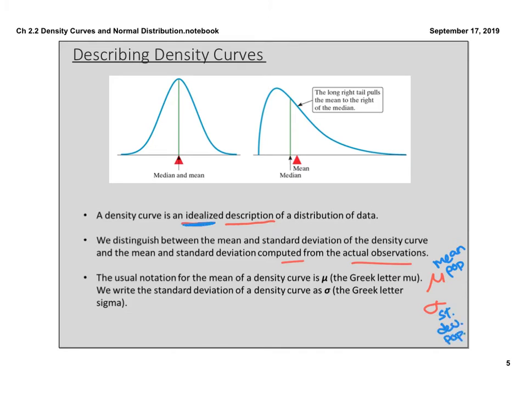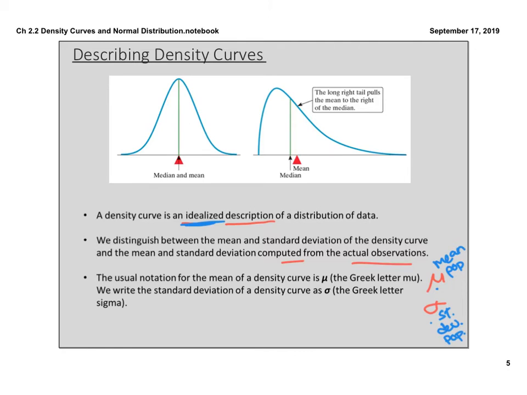So that's why they say this is an idealized description, because if we're talking about the entire population altogether, this is how it would look. We're hoping that it would be this pretty nice thing, okay? When we talk about the mean of the population and the standard deviation of the population, we're talking about the Greek letters.